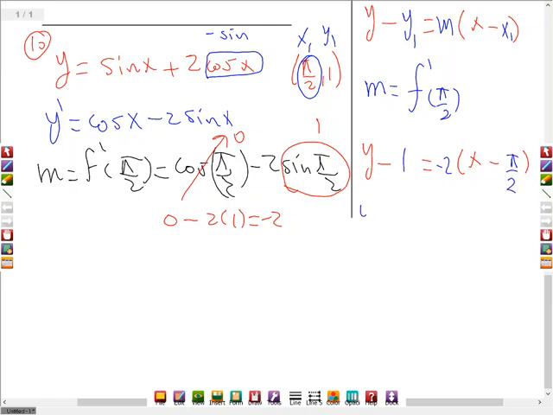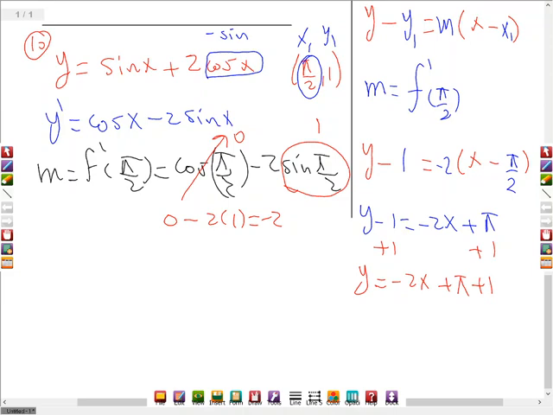Now simplify. y minus 1 equals negative 2x plus pi. Add 1 to both sides of the equation: y equals negative 2x plus pi plus 1.